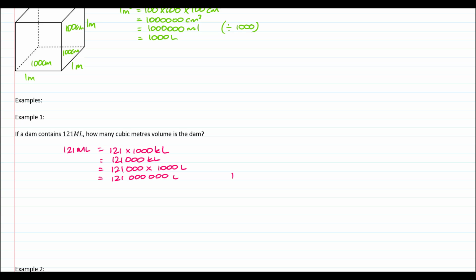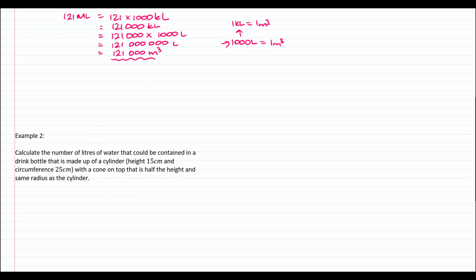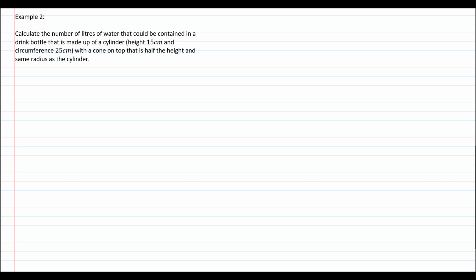You remember that 1,000 litres is equal to 1 metre cubed, and we could actually backwards design this to say 1 kilolitre equals 1 metre cubed. But remember this rate, so to work out the number of metres cubed, we divide by 1,000 again, and that gives us 121,000 metres cubed. And that's what the question's asked. So there's our conversion.